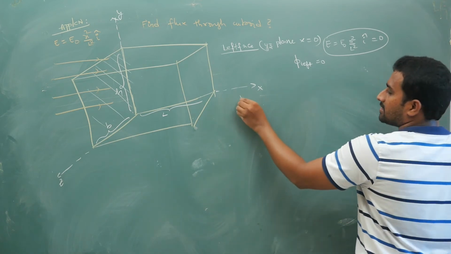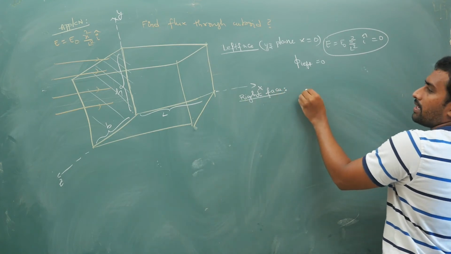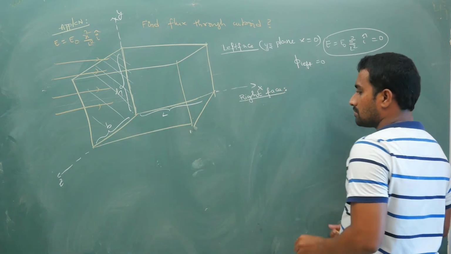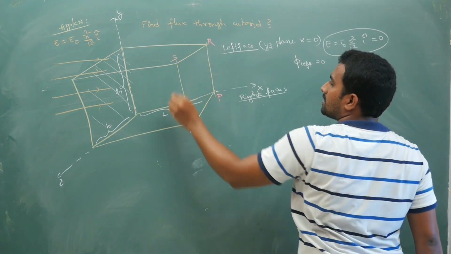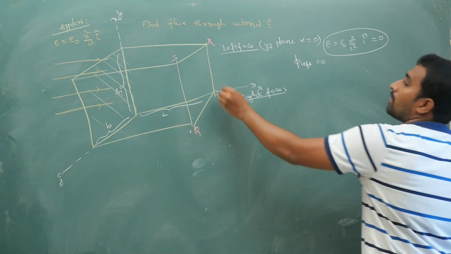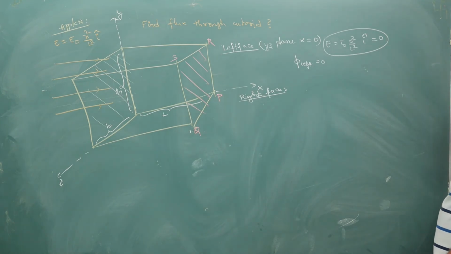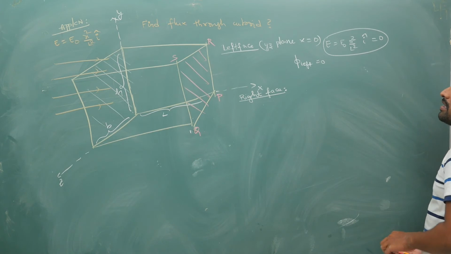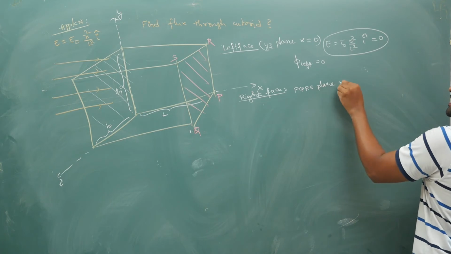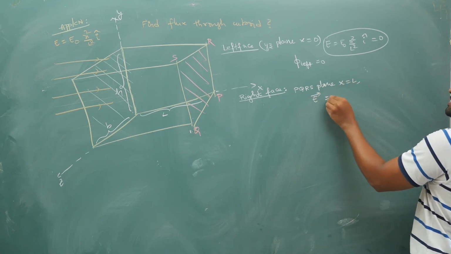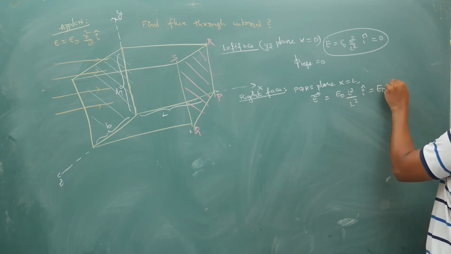Okay, right? Next, for the right face, if I mark this as PQRS like this, for the entire PQRS portion your x coordinate is equal to L. Any point in that plane PQRS, your x coordinate is going to be L. So in the PQRS plane, your x is equal to L, your E bar is equal to E naught by L square into I cap, that is equal to E naught I cap.